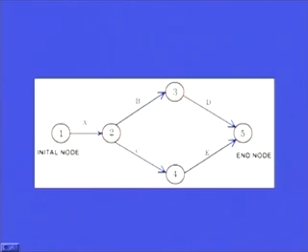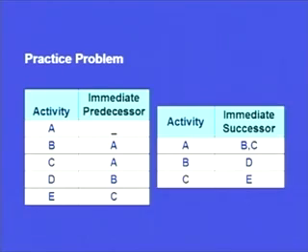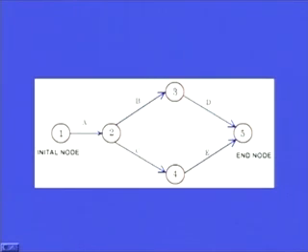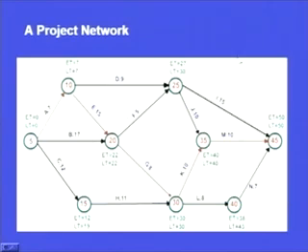So we had a problem of this type in which we had the activities, the immediate predecessors, and also the immediate successors, and we have been able to represent that problem graphically as a simple network in which all the activities and the precedence relationships are incorporated.